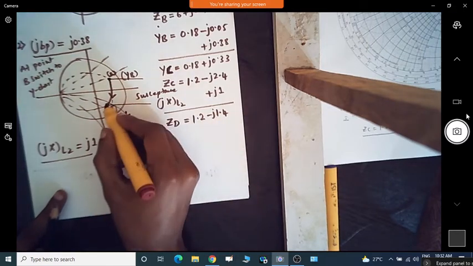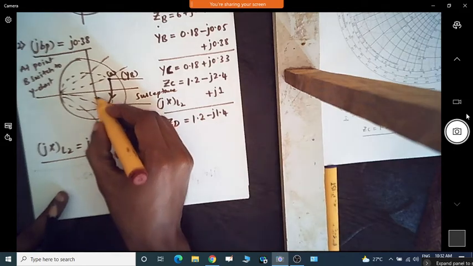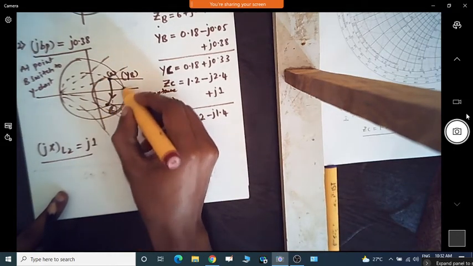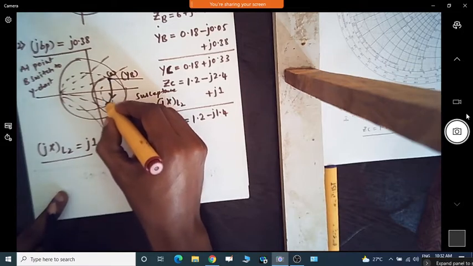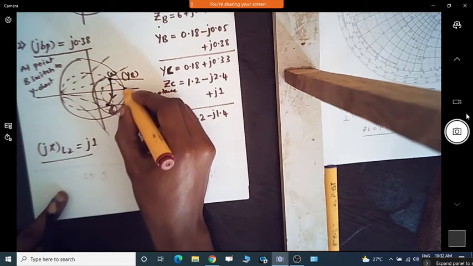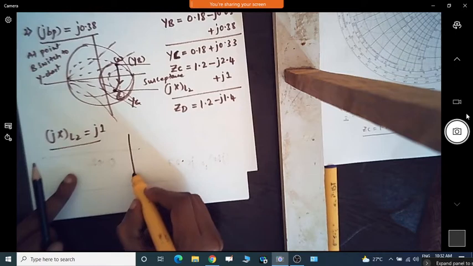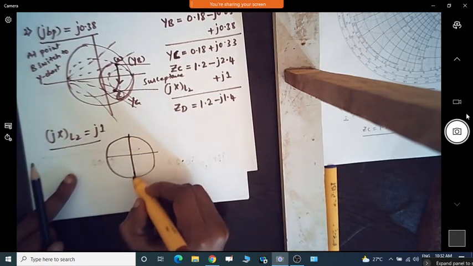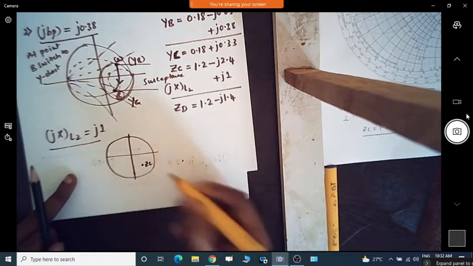Maybe somewhere here, on the resistance circle. If I assume this as a resistance circle and this is the point passing through it, I'll draw one more Smith chart, where we have ZC here.